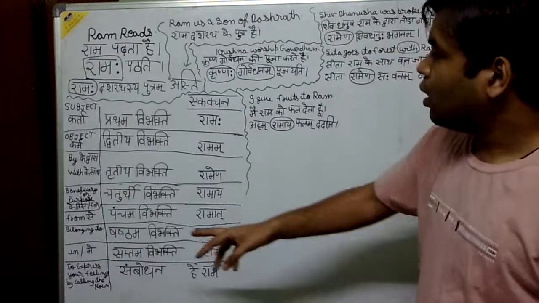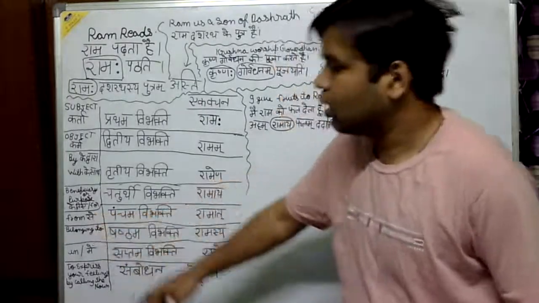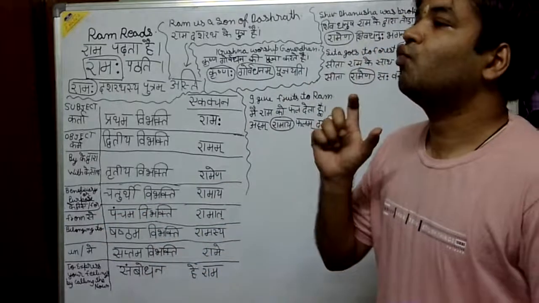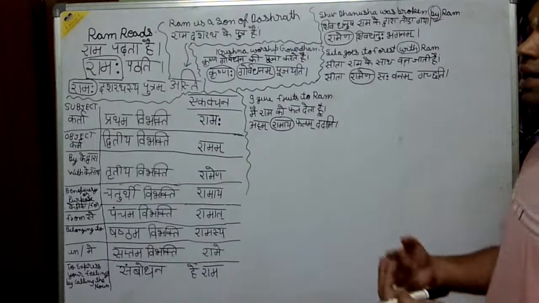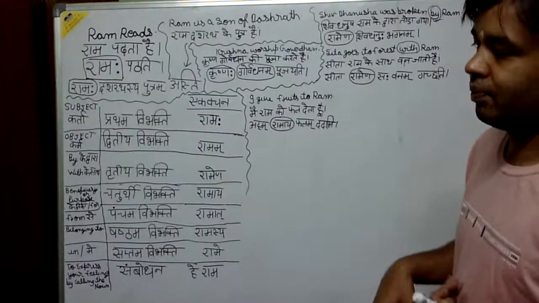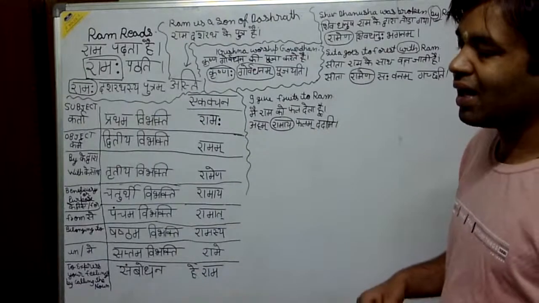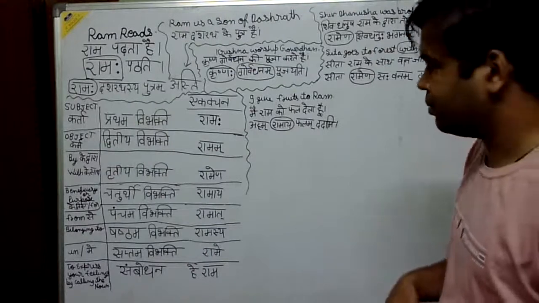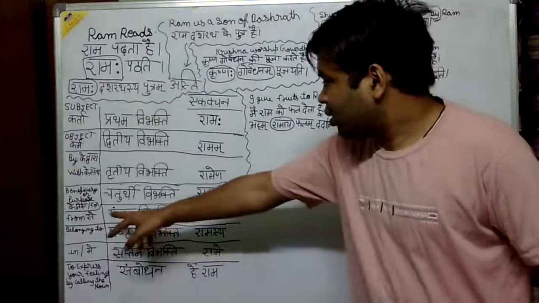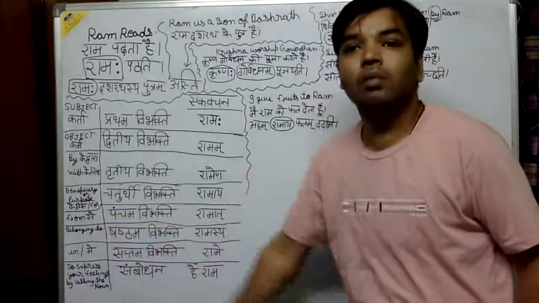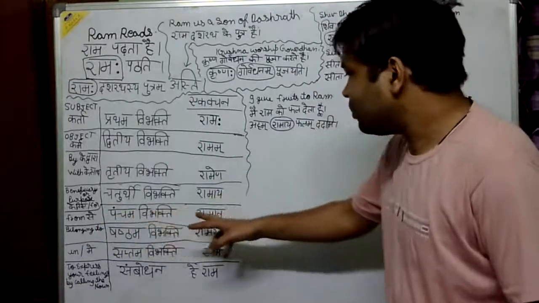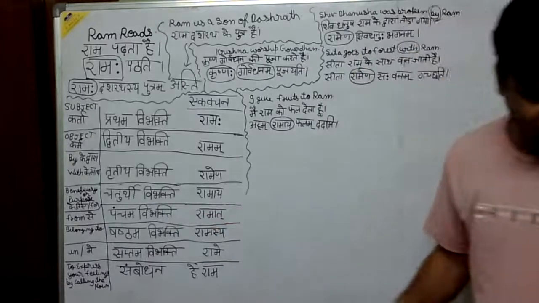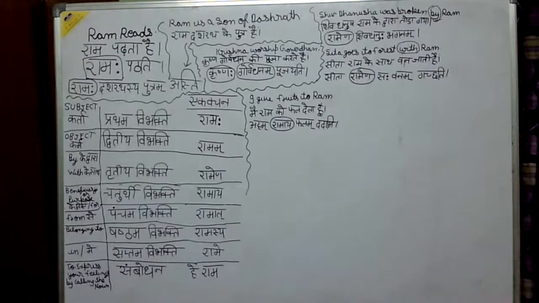See, the word from will come in the sentence. We are getting something from Ram. So, whenever we have the word from in the sentence, we will use Pancham Vibhakti. Okay? So, I have an example.